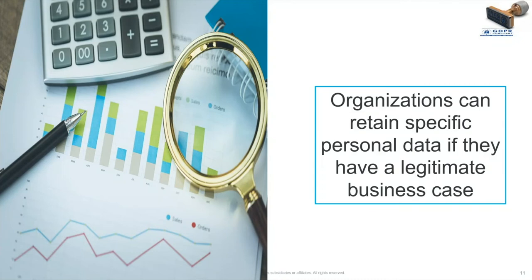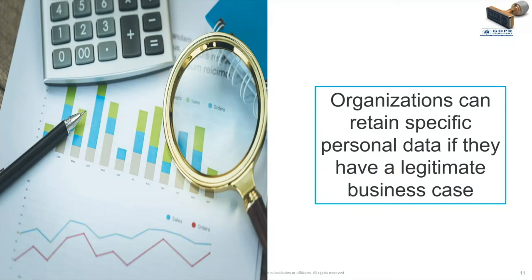Now, setting a limit on how long data can be retained is problematic for data analysts, as they frequently require access to historical data, sometimes dating back decades, in order to identify trends and manage risk. Therefore, deleting data is not an easy option.